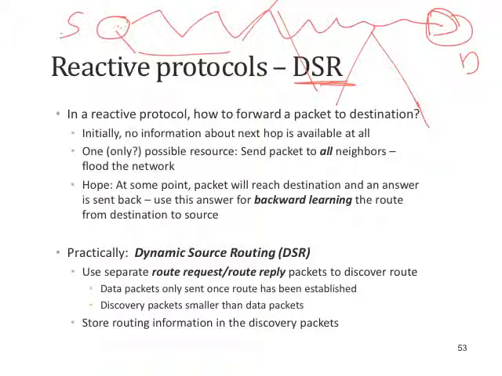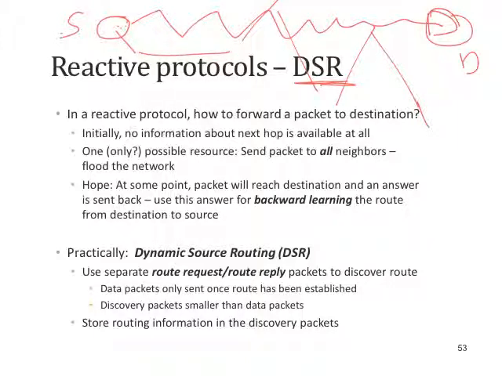So the dynamic routing protocol uses separate route request and reply. The route request uses what? Flooding. So the route request is sent in the form of flooding to the network. The route reply is sent as what?